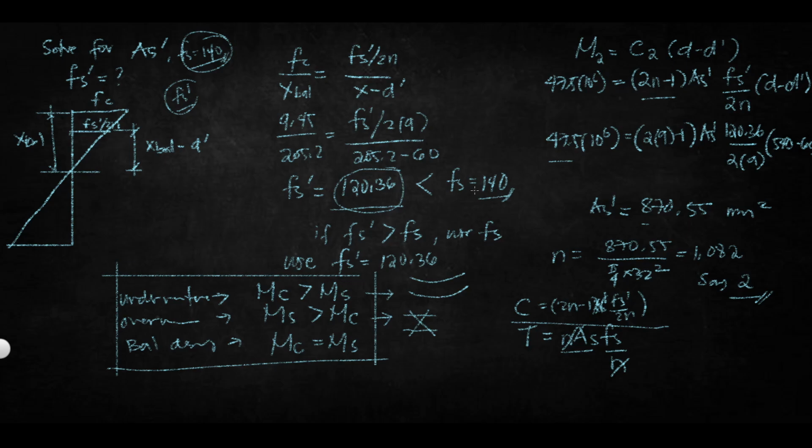If na-reach niya siya or mas higher pa, let's say your Fs prime is 150. If your Fs prime is greater than the Fs, for example, Fs mo 140, ang Fs prime mo nakuha mo 150. So, the code says, ang gagamitin mo pa rin, of course, the allowable, which is 140.